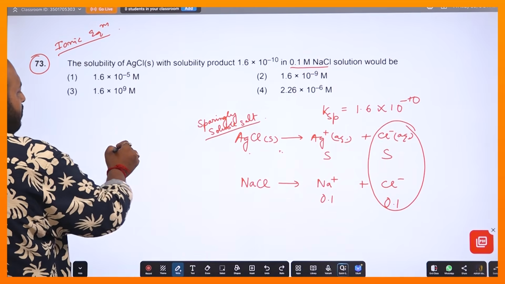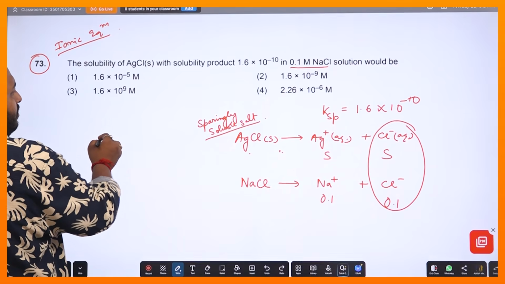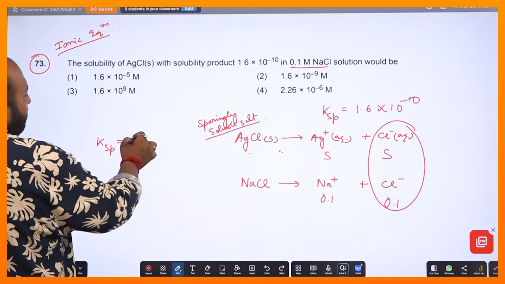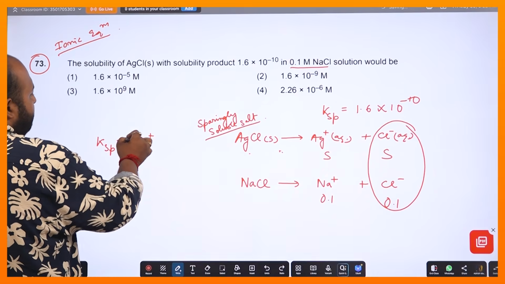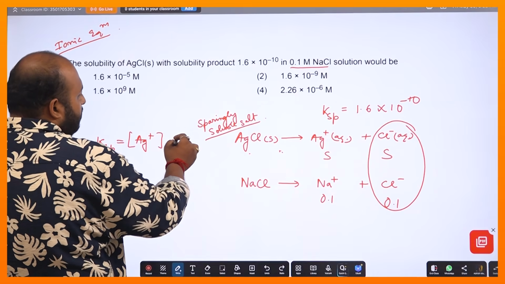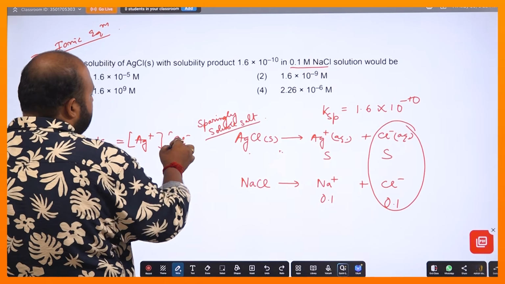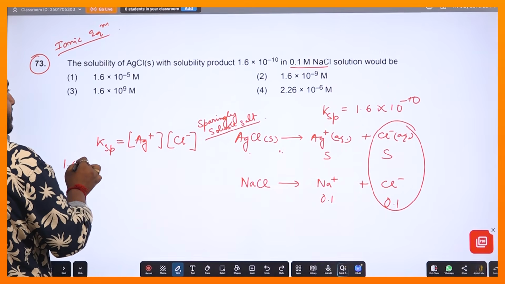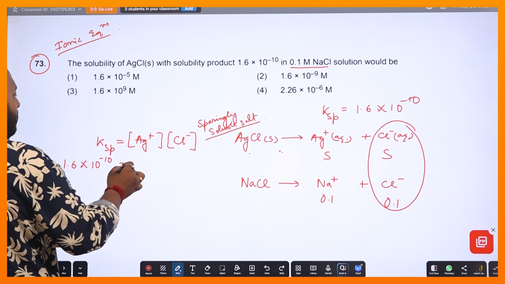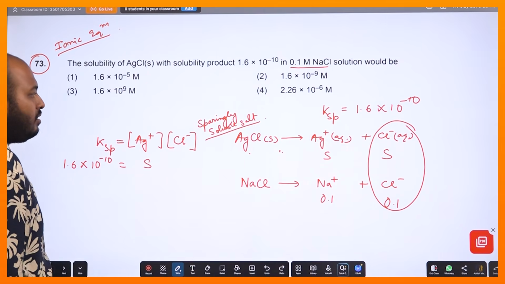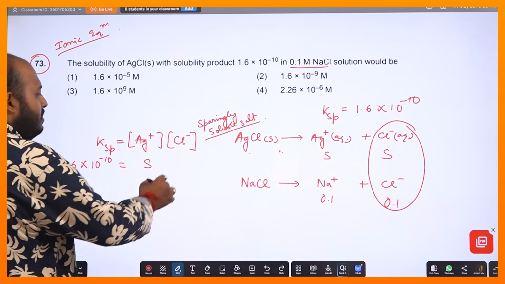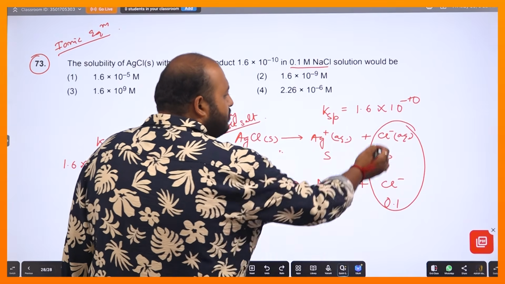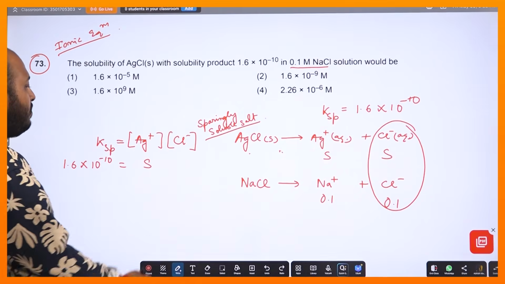And let us calculate then the solubility. So simply it will be Ag plus and Cl minus. So the value of Ksp is given. Let us consider the solubility of Ag plus as S. But you can see that we have to add this to concentration, S plus 0.1.